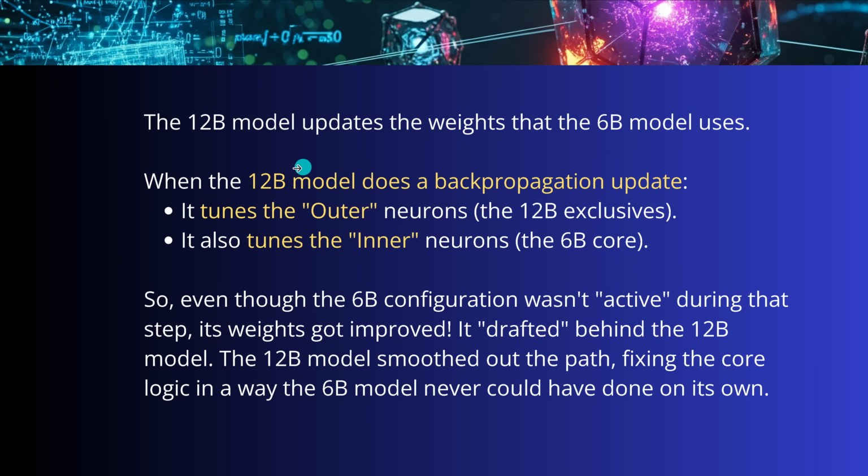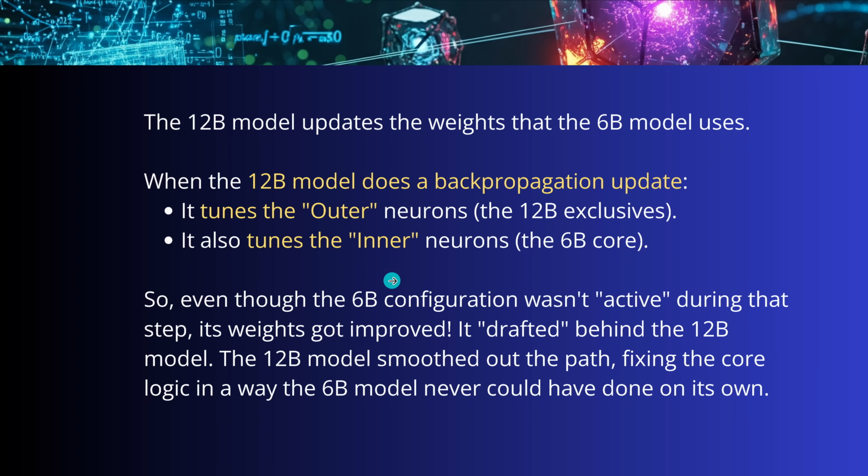No? So when the 12B model does a backpropagation update, what happens? It tunes the outer neurons, so also the 12B exclusive neurons in the Mamba, MLP, and transformer architecture. But of course, it also tunes the inner neurons, the 6B core.